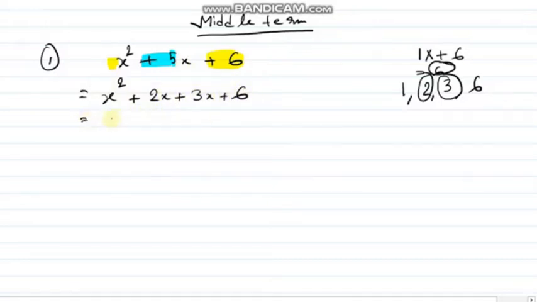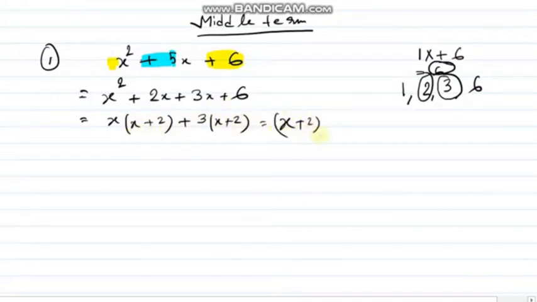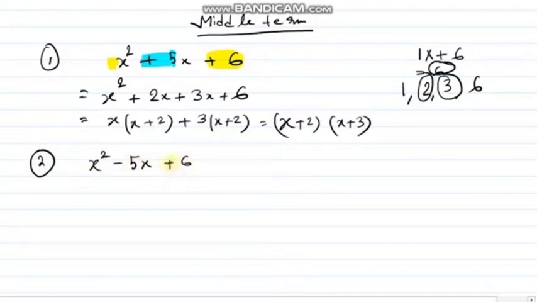From the first two terms, if I take x common, it will be x plus 2. From the last two terms, 3 common, it will again be x plus 2. So again, if you take x plus 2 common, like we have done in grouping of terms, it will be x plus 3.